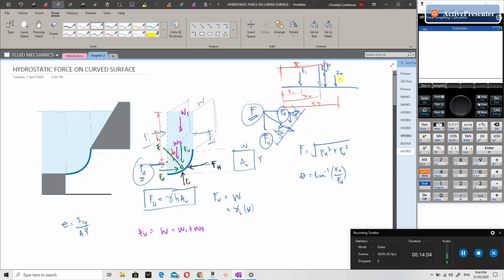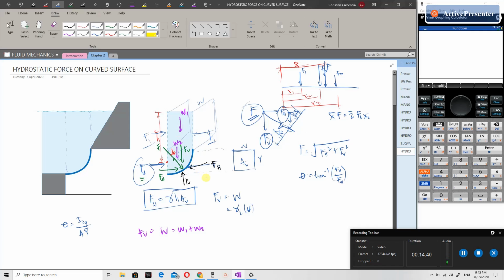So, solve for the location of the resultant force F. So, X bar F is equal to the summation of the forces and distances X. So, F1 X1 plus F2 X2 plus F3 X3. So we can now locate the resultant of the weight of the volume of our liquid.